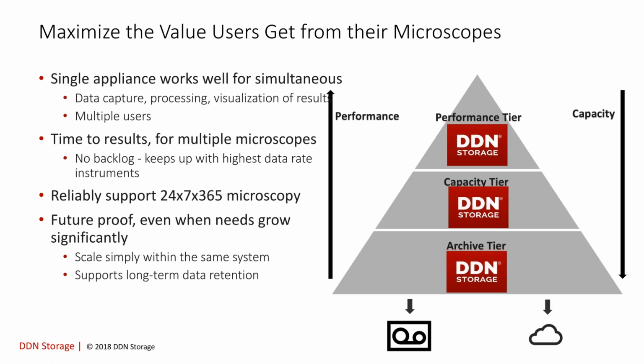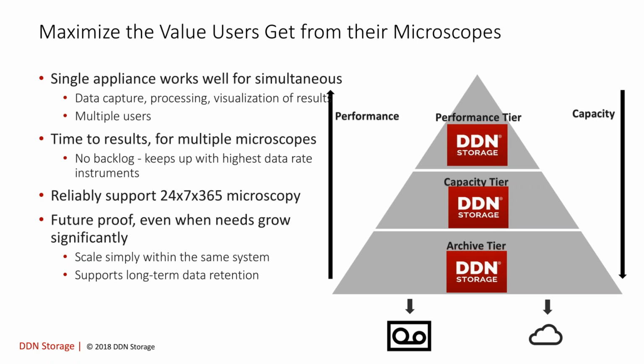You can have flash SSD in the system, you can have fast spinning disks, you can have large capacity drives. And then as Charlie introduced, a hierarchical storage manager places the data appropriately based on policies that you set. So you have the performance where you need it, you have the cost effectiveness where you need it. And those policies can be as simple or as complex as you'd like.